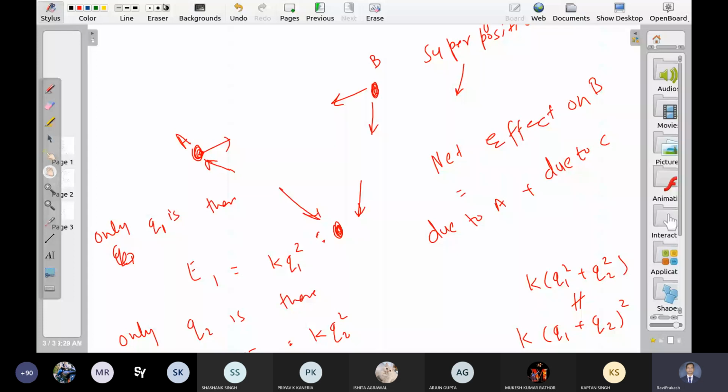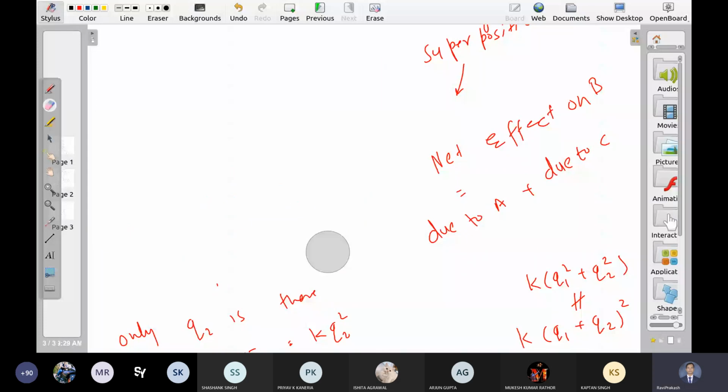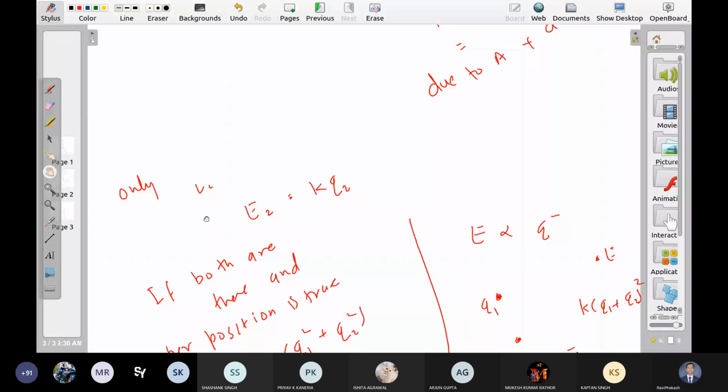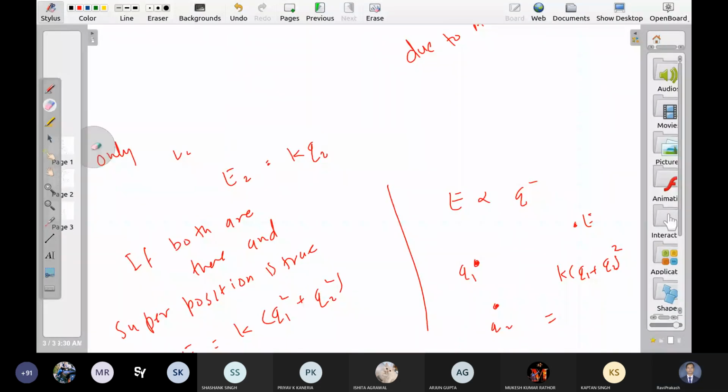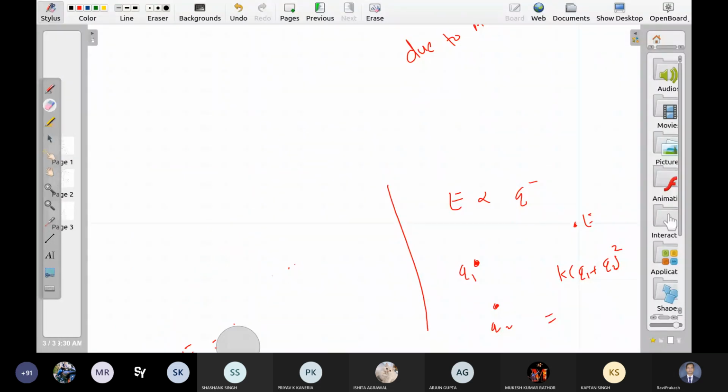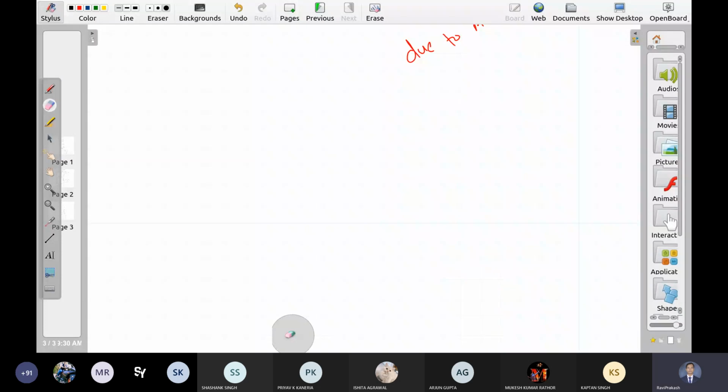You are lucky that the electric field follows the superposition principle. Otherwise, life would be very difficult. If you are not getting this, don't worry, because you don't have to go into that.